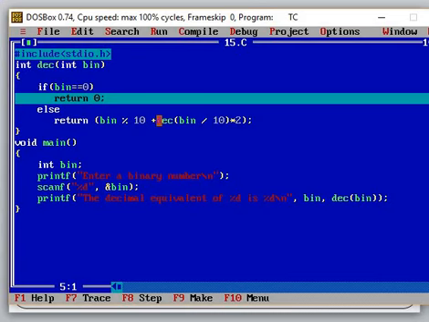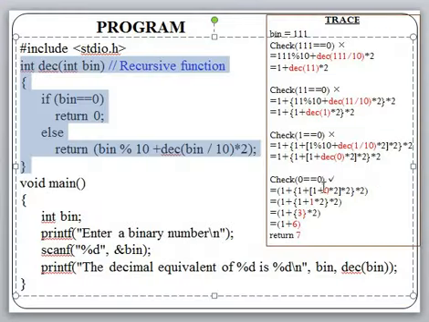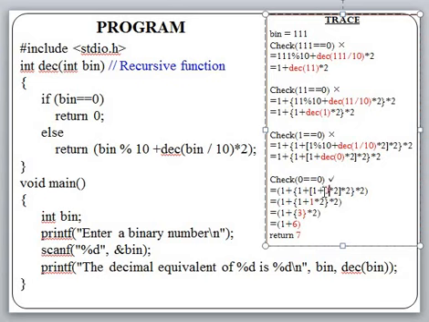Now it will compute the remaining parts one by one. Initially it was assigned 0, then for this computation, then this, then this, then this. Once it assigns 0, there are 4 statements to compute.